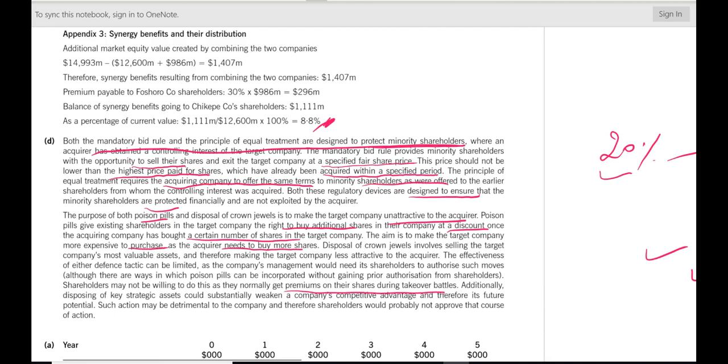Such action may be detrimental to the company, and therefore shareholders would probably not approve that course of action. They will suggest some other actions in order to protect the company, or if the offer is better, definitely they will accept the offer. So that is all from the discussion of this question.